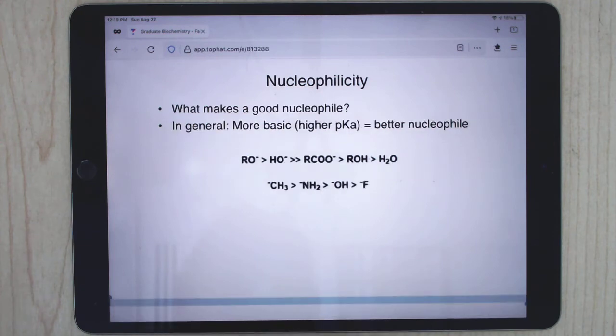Next up, a general rule of thumb is that the more basic something is, the better the nucleophile.